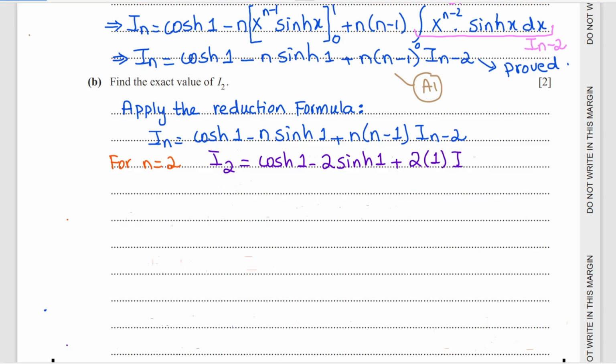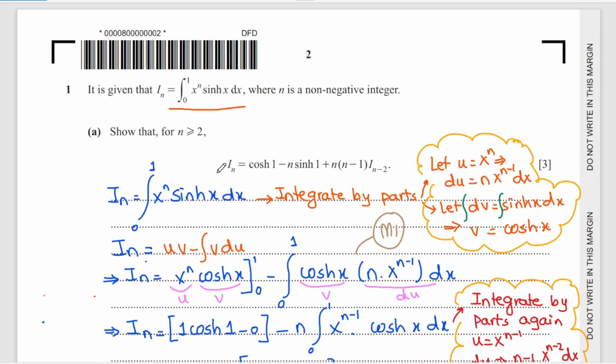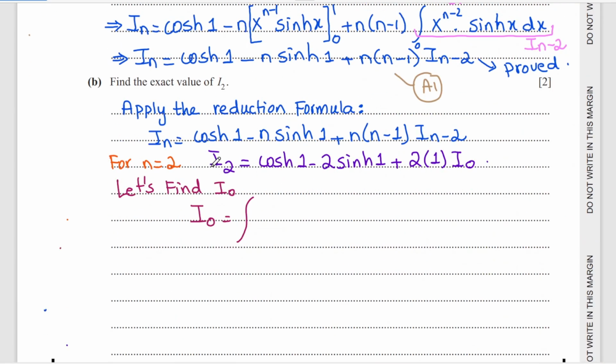Since we already have a reduction formula, we should not integrate from scratch again. The examiner expects us to use the results from part A. The reduction formula brings us to I_0, which is intentional because I_0 is very easy to evaluate directly.